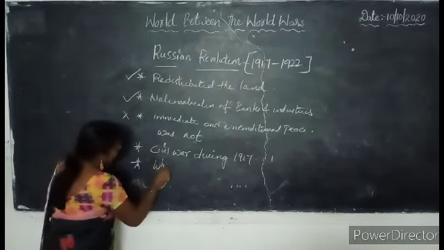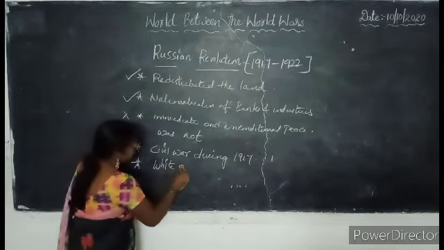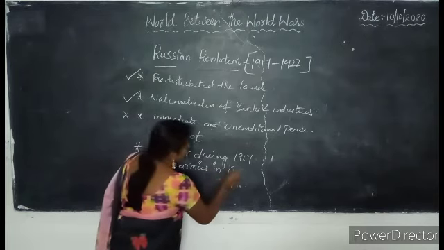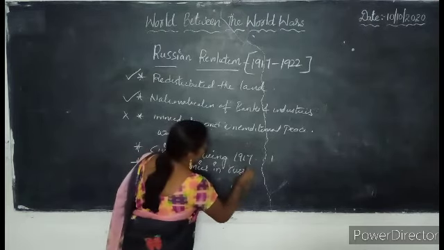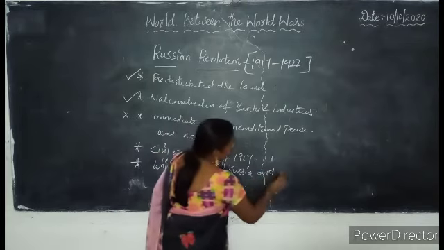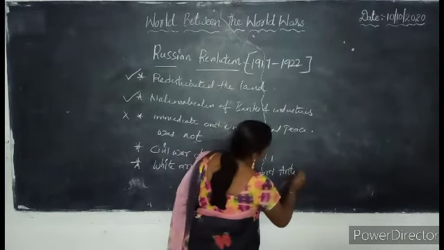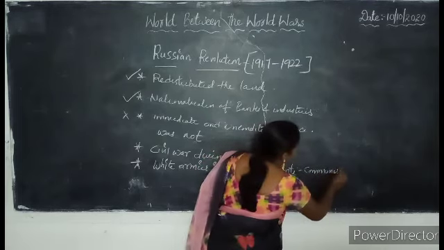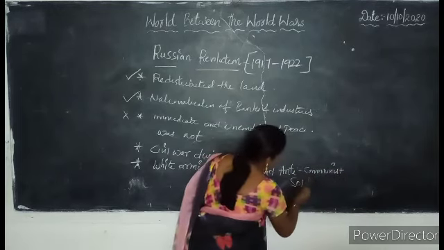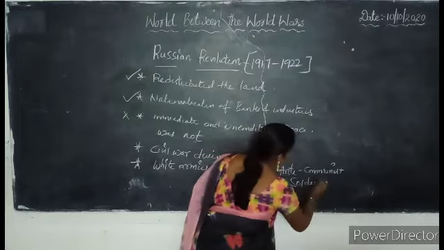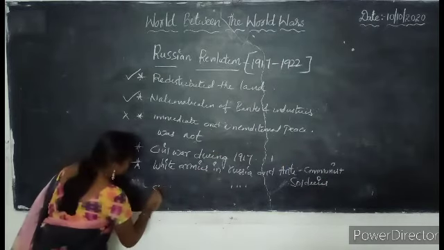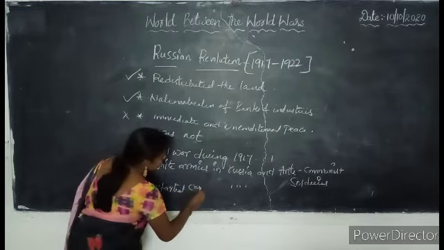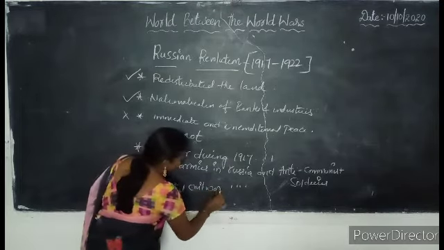The white armies in Russia and anti-communist soldiers started the civil war.